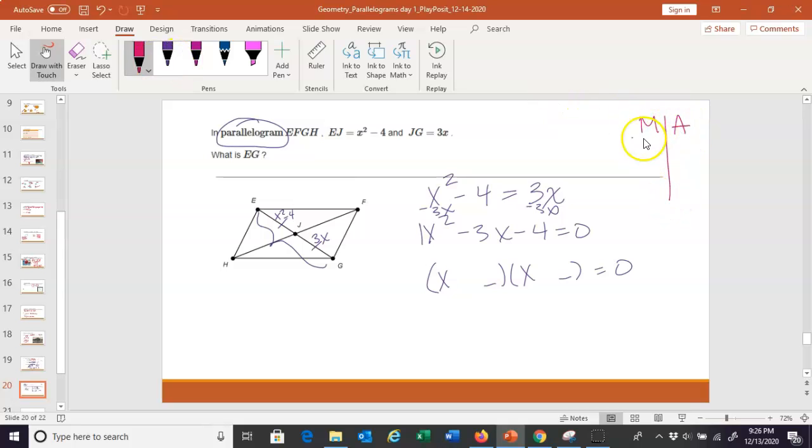I call them Ma charts. So it needs to multiply together to give you the first times the last, so -4. And then it's got to add together to give you -3, hence the Ma. Multiply together to give you the first times the last, and add to give you the middle term. So we're looking for 2 numbers that do that.